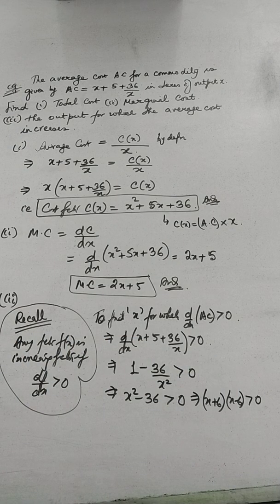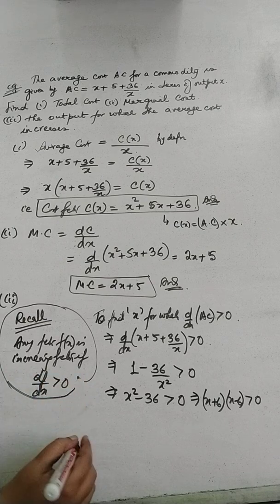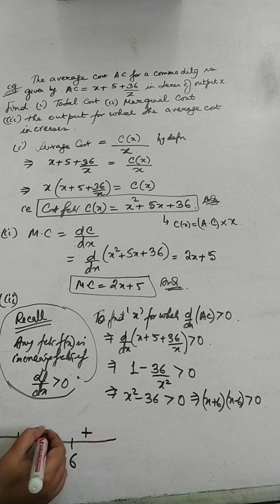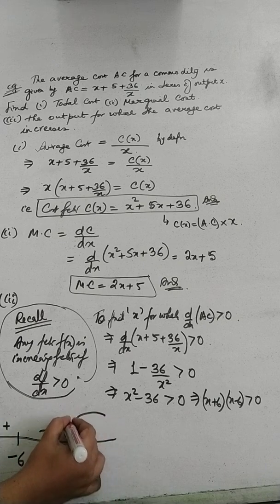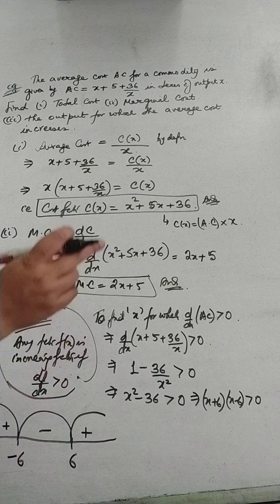According to method of intervals, what do I have? Suppose here is x value minus 6, here is x value 6, plus minus plus. That means here the product is positive, here the product is negative, here the product is positive. What is our desire?